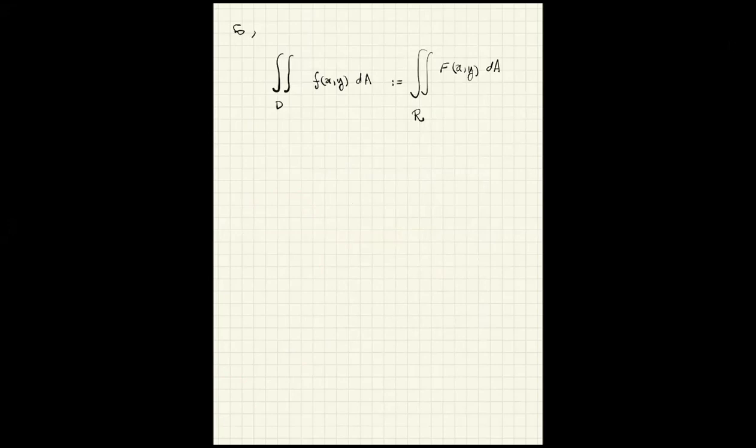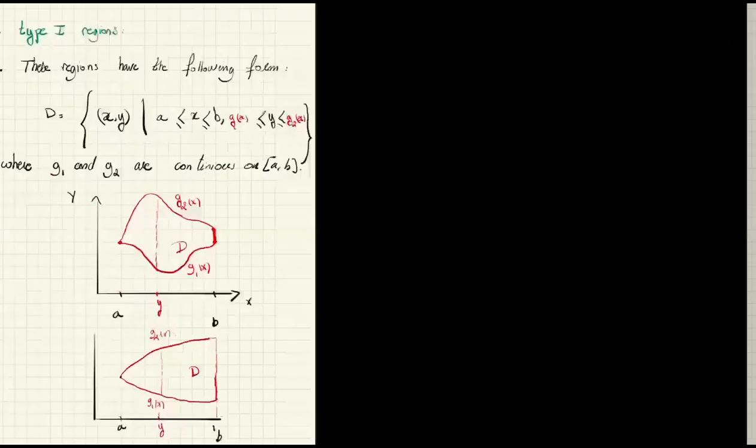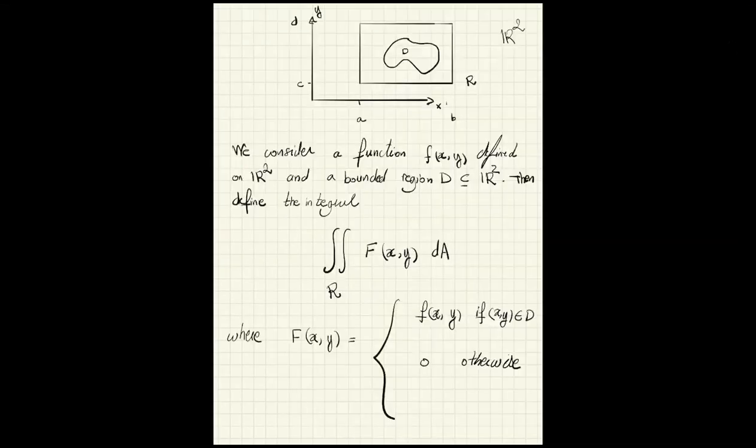Which will be equal to the integral from C to D, the integral from A to B of f(x,y) dy dx. So again, go back. I'm sorry if I'm going back and forth from this.